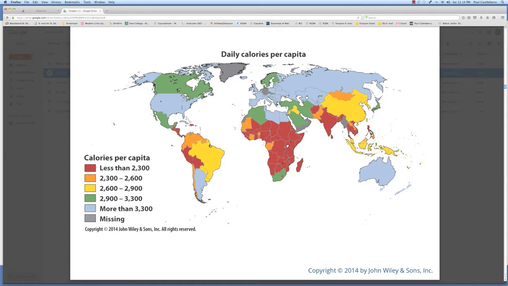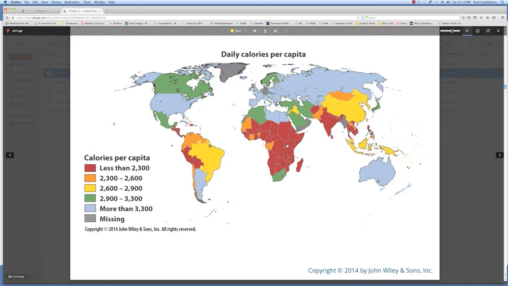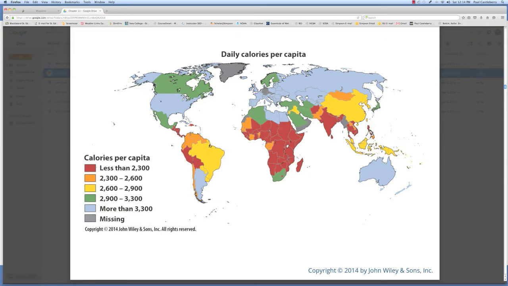Well, we see the blue here as that the people across the U.S. have more than 3,300 calories available to them. But then you look over here at the continent of Africa and you see less than 2,300. And it's a lot less than that in many regions of Africa. This is just kind of an average. Look at India, almost all of India as well. These are people that are trying to subsist on less than 2,300 calories.